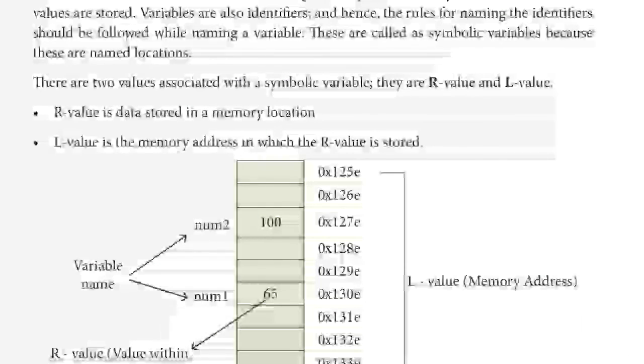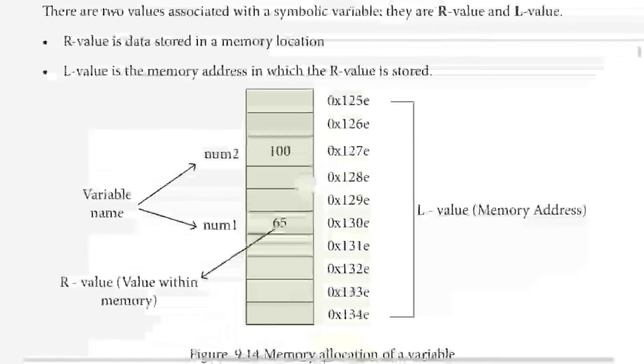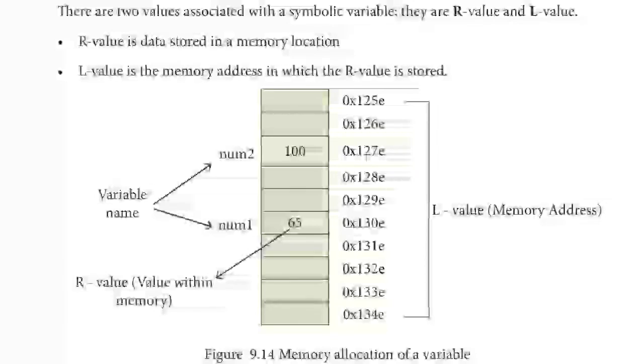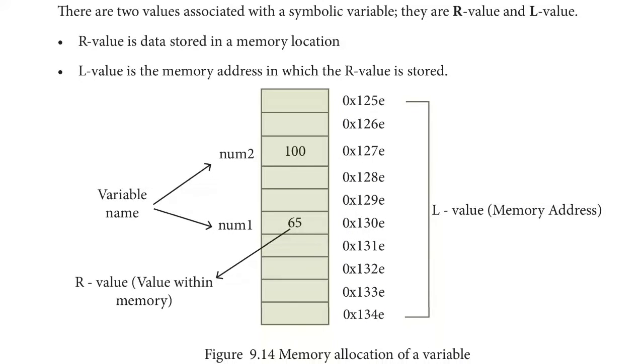The R value is the value which is stored inside the memory location, and the L value is the memory address. In the diagram 9.114, you can see that 65 and 100 are the R values, and the respective 0x130E addresses are the L values.